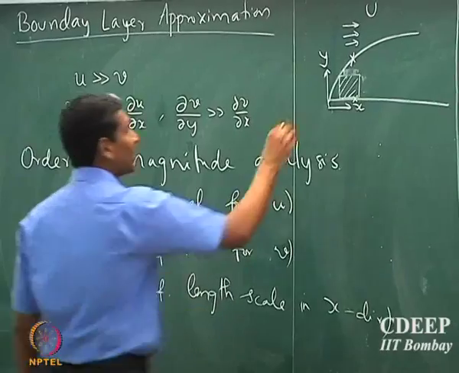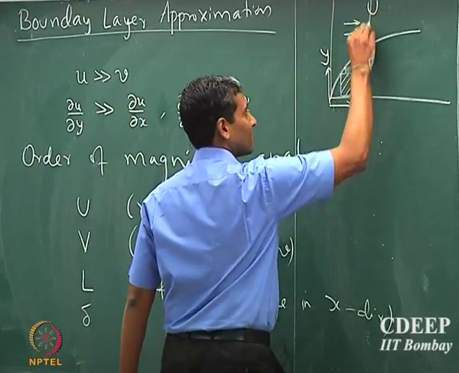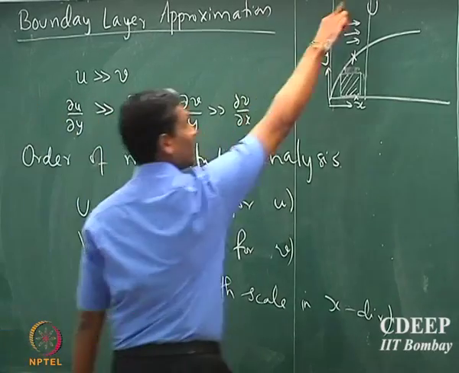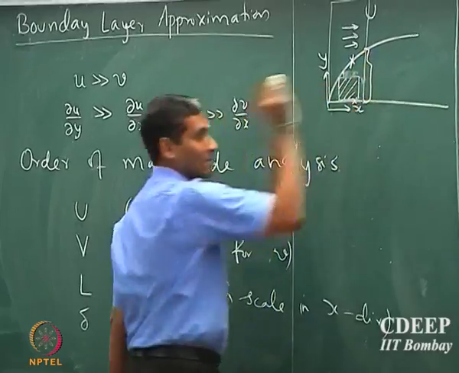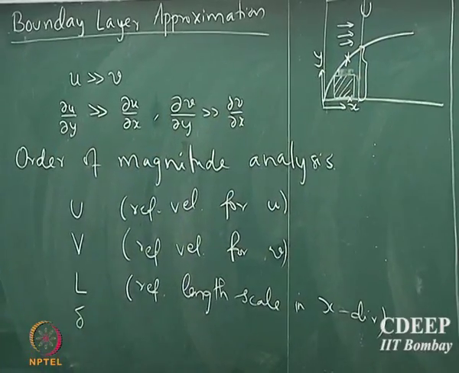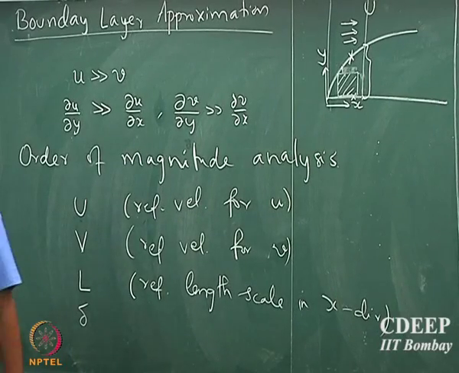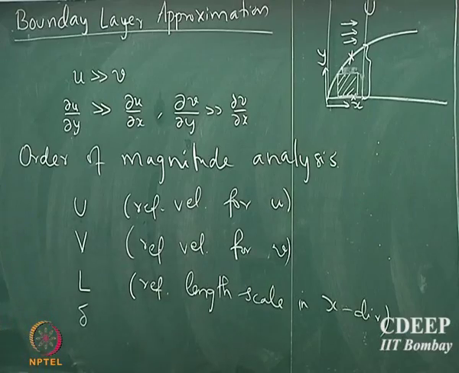But if you write a control volume here, you will have a mass flux not here, you will have a mass flux here. No, you will not. Write it carefully, you will not have a mass flux.